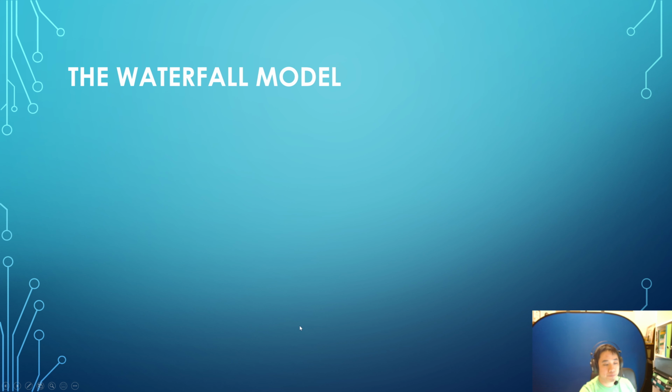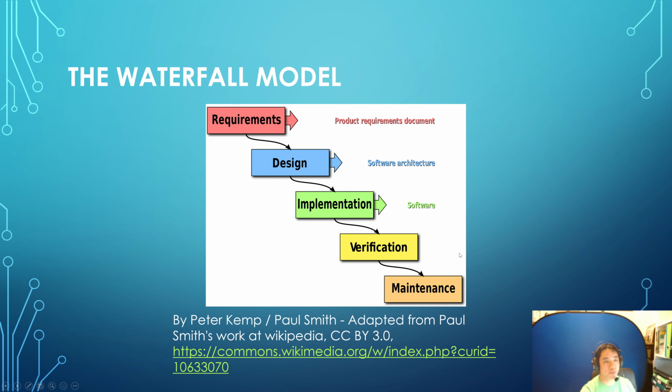Now, one of the models of the software development lifecycle that is covered is the waterfall model, which means you take all the time you need to gather your requirements, then you go down and take your time to deal with the design, then you go down to implementation, and then you test it, and then you maintain it.